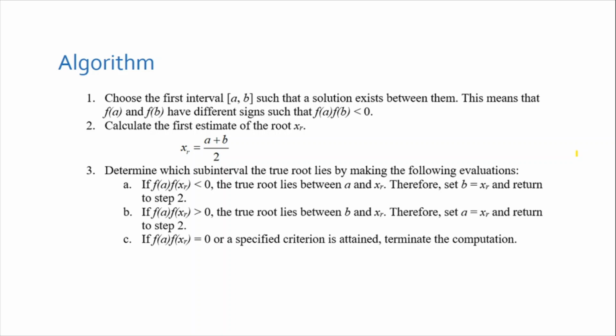The algorithm of this bisection method is shown here. First, you choose a first interval such that a solution exists between them. Mathematically, in order for that interval a, b to be bracketing the true solution, the value of the function at a and the value of the function at b should have different signs.